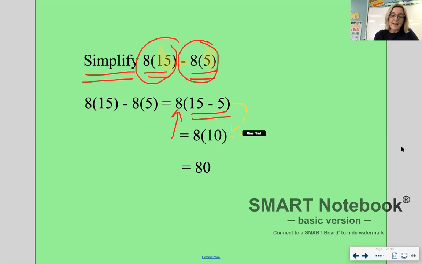And now we have 8 times 10, which is 80. We essentially went from a subtraction problem, or you could think of it as an addition of a negative, to a multiplication problem, but we have the same result. So this is really the distributive property, but just presented a little differently.